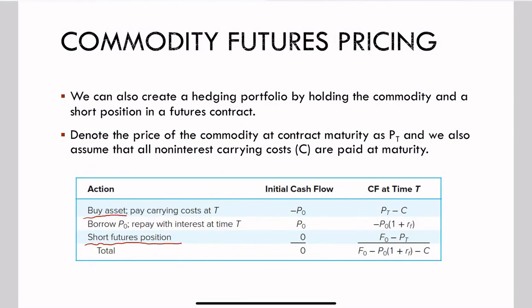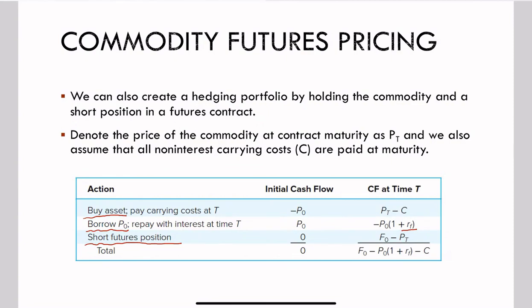Here we are assuming you're borrowing money to buy this commodity. So you would borrow P0 because P0 is today's commodity price. Right? And then we assume there is this interest rate, RF. And let's see what your cash flows are at different times.